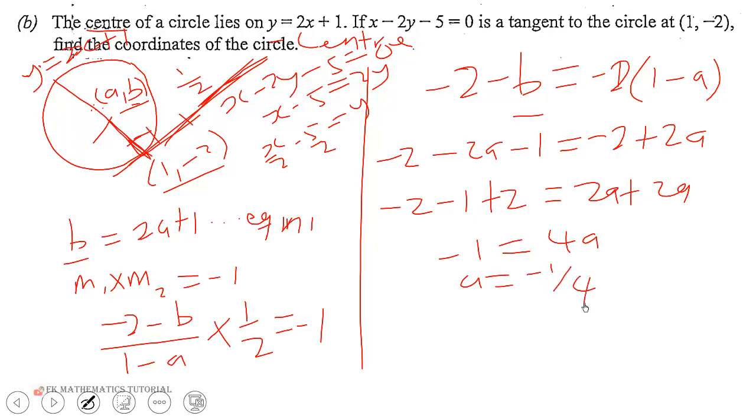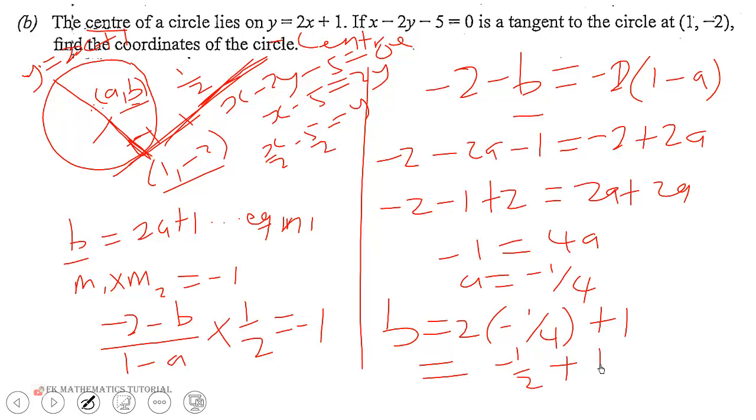If that is the case, then b will be equal to 2 times negative 1 over 4 plus 1. And that will give us negative half plus 1, and negative half plus 1 is equal to half. Therefore, the center of the circle is negative 1 over 4, comma, half.